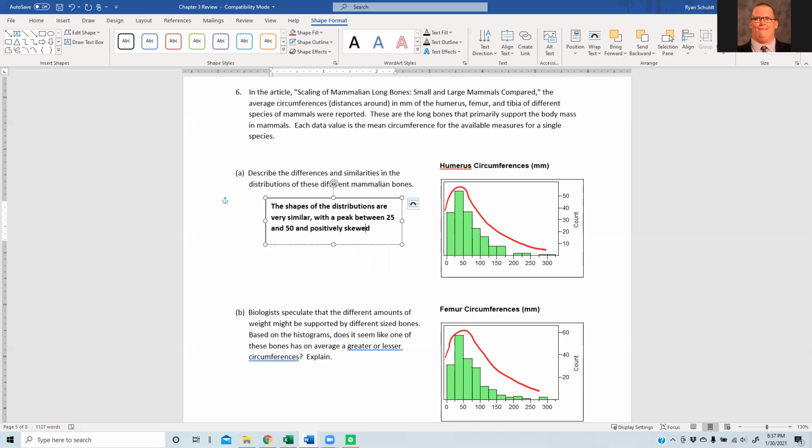Which, remember, positively means right skewed.